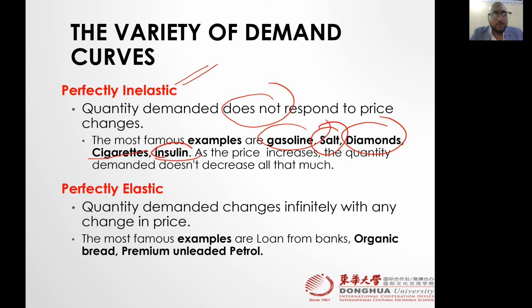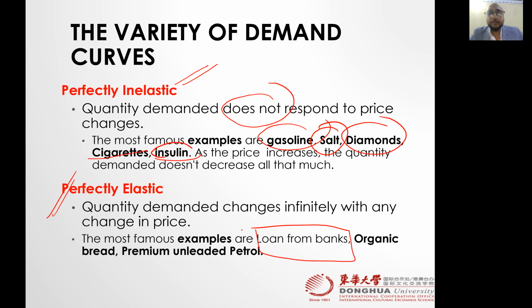Whatever the price, even with a huge change in price, you won't see quantity demanded drop, right? Perfectly elastic means if there is a 0.1% increase in price, nobody wants to buy it. And we have examples, like loans from banks.